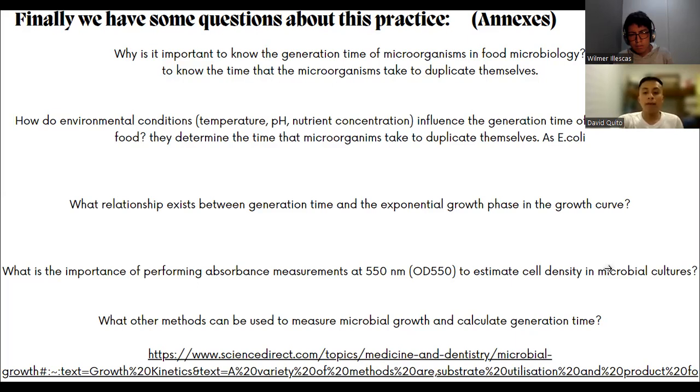Metabolic rate and metabolites are quite suitable for analyzing cell growth, substrate utilization, and product formation. These are different methods that we can use to measure microbial growth and calculate the generation time of microorganisms like E. coli.